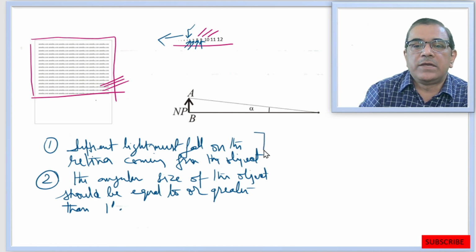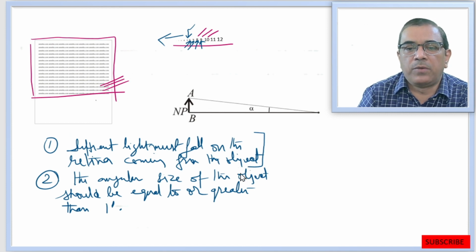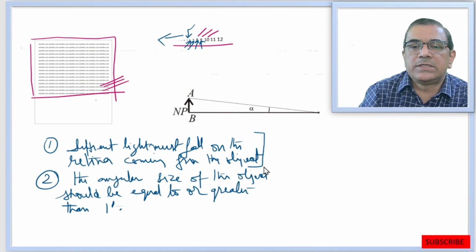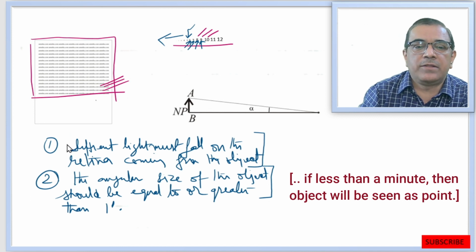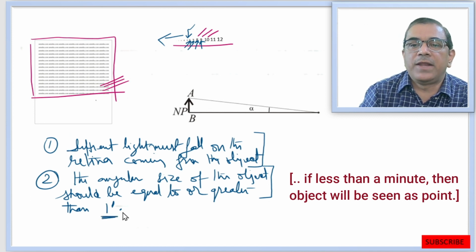First condition basically decides whether we should be able to see an object or not. On the other hand, this second condition ensures that we should be able to see the internal details within the object.